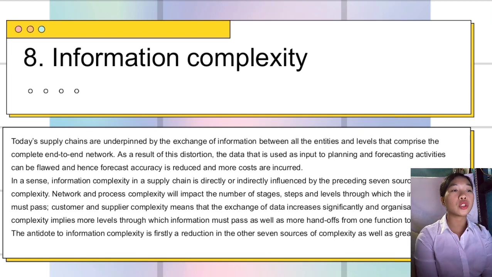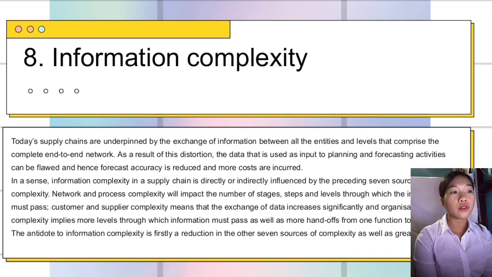Number 8, information complexity. Today's supply chains are underpinned by the exchange of information between all entities and levels that comprise the complete end-to-end network.